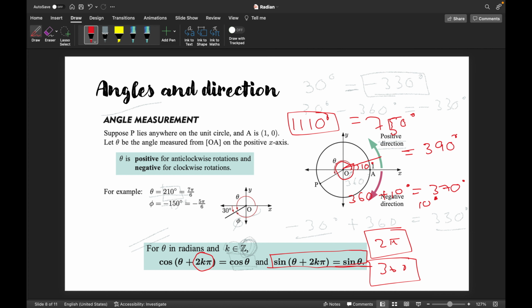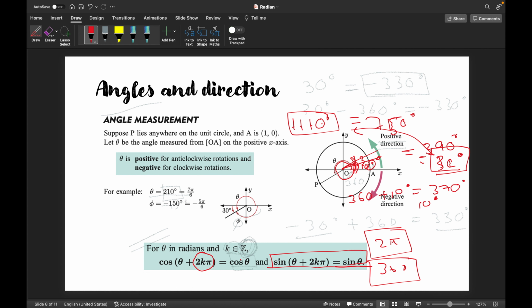So if you travel 360 degrees and 30 more degrees, you'd complete that. So we can derive that 30 degrees is also equal to 1110 degrees. If you're not very sure, you're still in denial, just take out your calculator and type cos 1110 and subtract that by cos 30. You get 0.